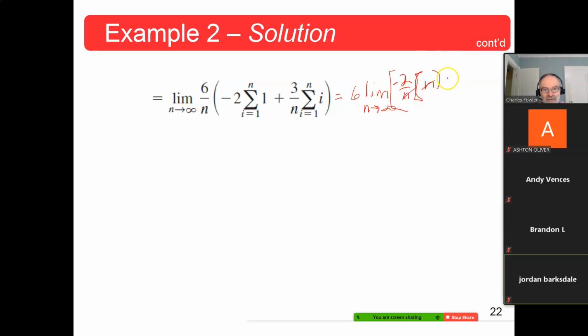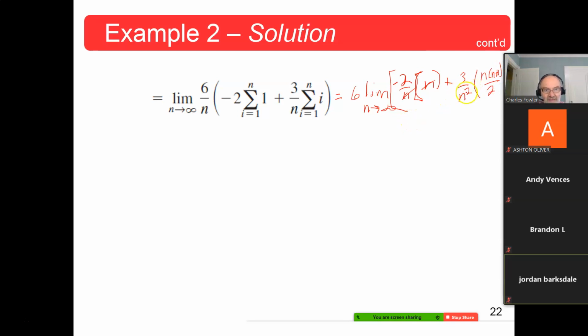Okay, plus, now remember I already took the 6 outside the limit, so you still have 1 over n here, and you have another n here, so this is a 3 over n squared, and then times this summation, which remember is n times n plus 1 over 2.